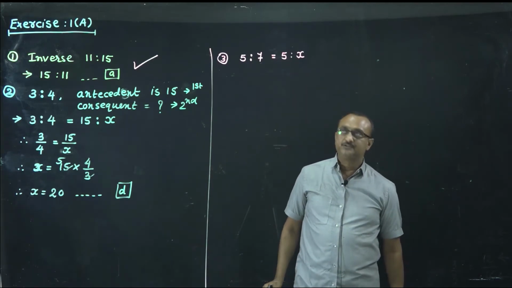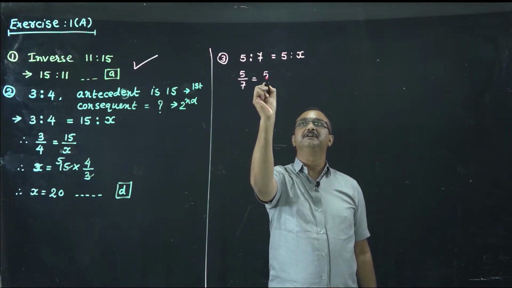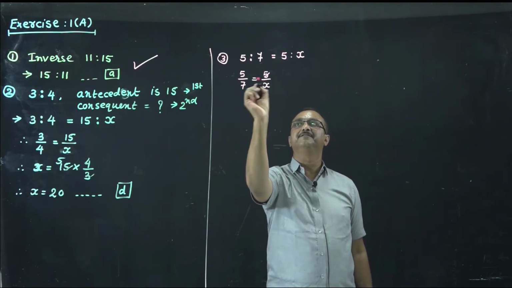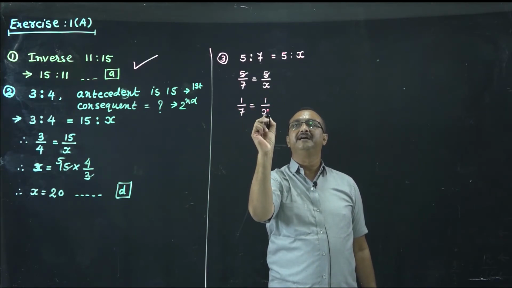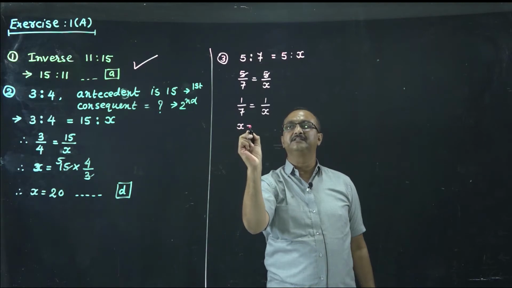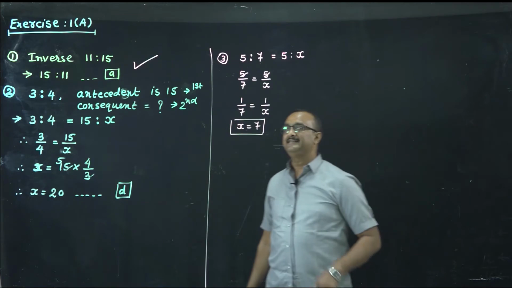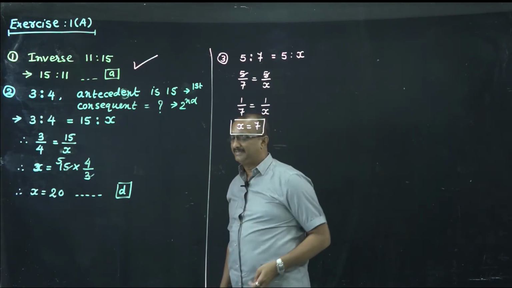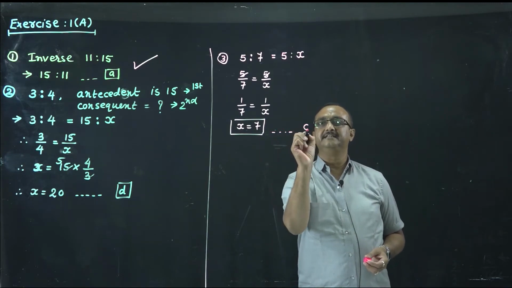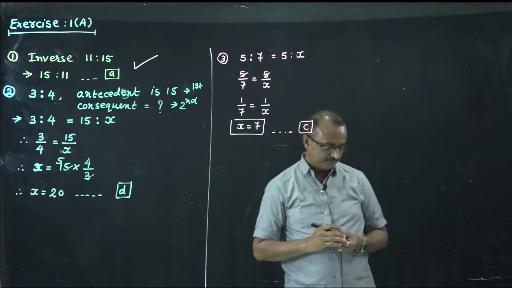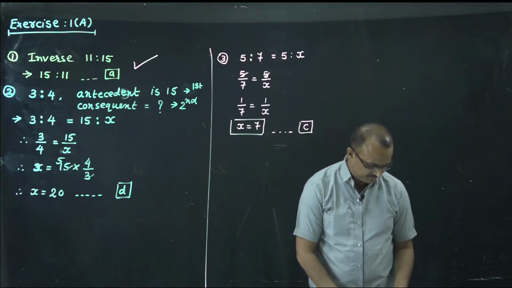So 5 by 7 is equal to 5 by x. 5 cancel, therefore 1 by 7 is equal to 1 by x. Cross multiplication, x is equal to 7. So the antecedent of the inverse ratio is x is equal to 7 and C is the correct answer.